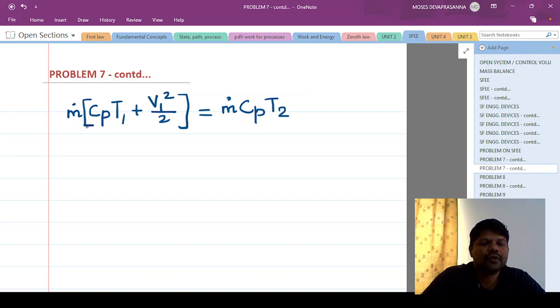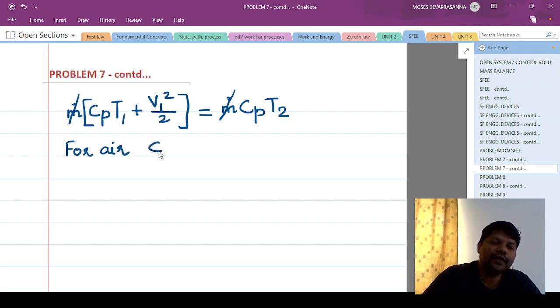If you look at this equation, I can cancel out m dot from both sides. Now we need to get the value of T2. I substitute all the other values. For air, the Cp value is equal to 1005 joule per kilogram Kelvin.